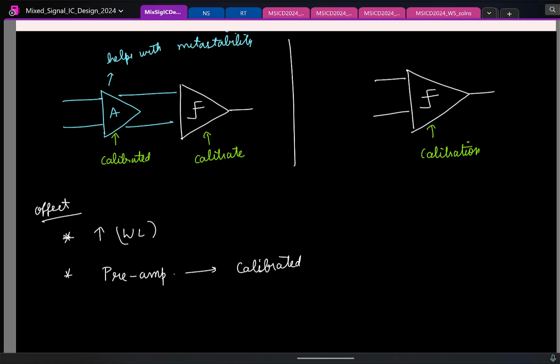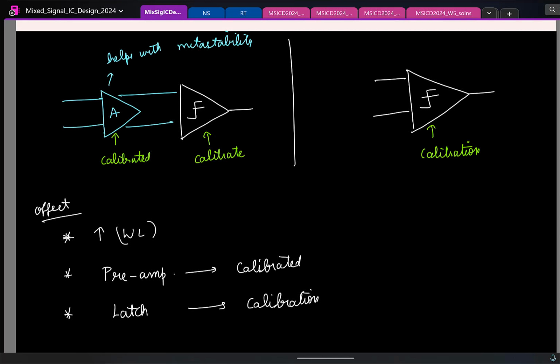If you want to reduce the offset further, even for the latch, you go and do the calibration. Again, it all depends on what level of accuracy you want. Okay, cool. So I'll just mention one last thing and then we'll stop in 2 minutes.